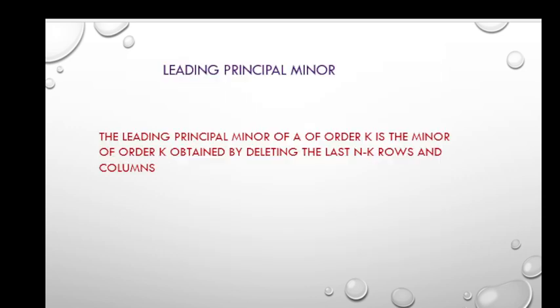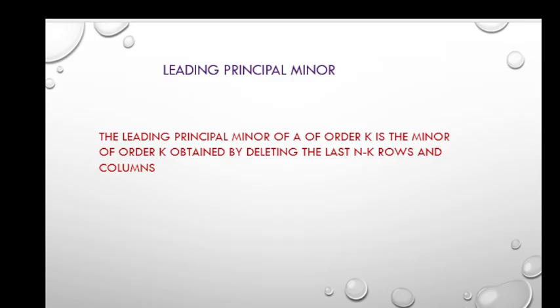Next we are going to discuss the definition of leading principal minor. The leading principal minor of A of order k is the minor of order k obtained by deleting the last n minus k rows and columns. I will read this again. The leading principal minor of a matrix A of order k is the minor of order k obtained by deleting the last n minus k rows and columns.